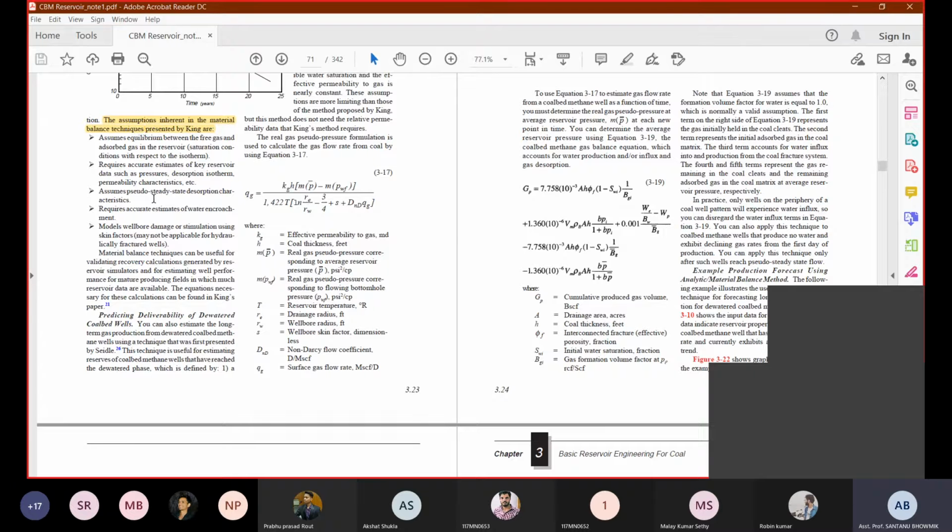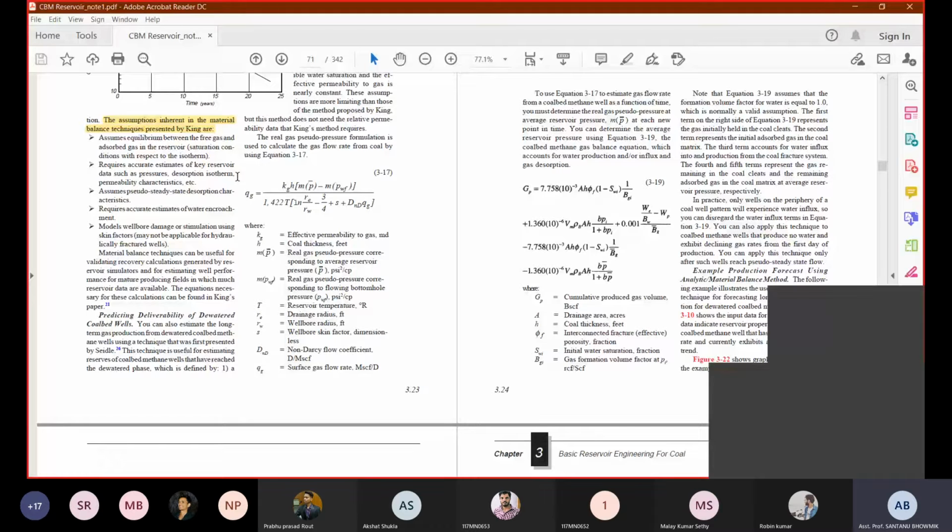Whatever desorption isotherm you are going to prepare has to be collected either by desorption canister testing, okay, or by field data. In the field, when you dewater the borehole, from there also you can collect the total desorption isotherm for that particular reservoir. Or, for some coal sample tested in the laboratory, suppose you take some coal sample from the core barrel and put it in a desorption canister, from the testing you will be able to know the desorption isotherm.